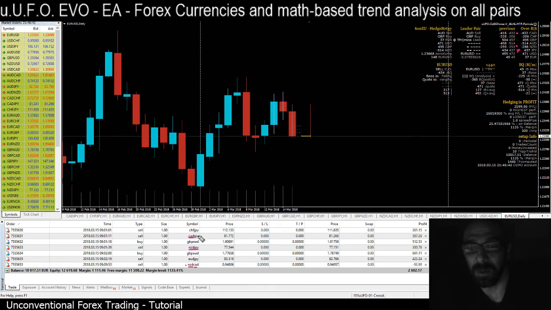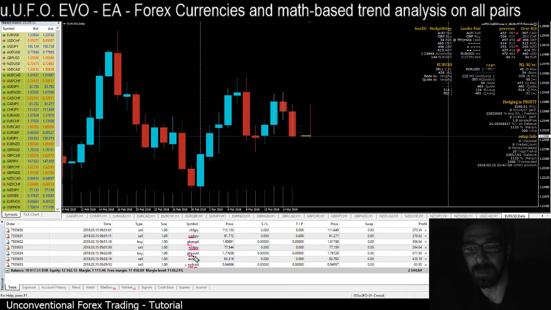Then what else we have with New Zealand dollar? New Zealand dollar is in sell, is negative, and here is in sell as well, because we are buying pound GBP. So GBP is buy, and GBP is still positive here. Okay, GBP is still positive here.